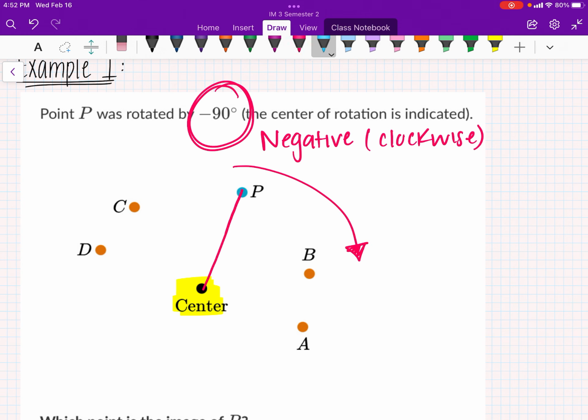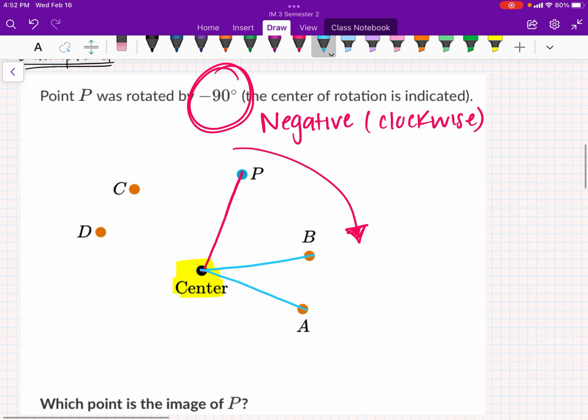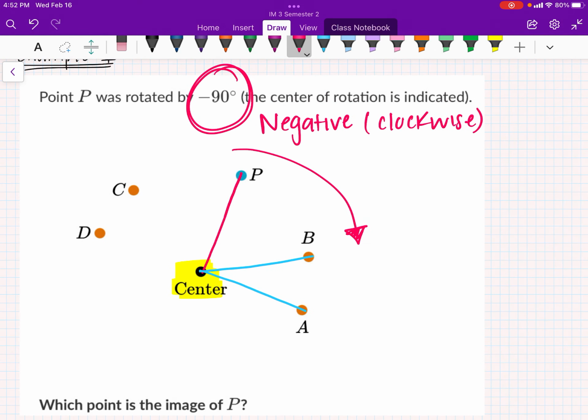Now, if I were to connect both of these points, if I were to connect B and connect A in this case, the question here is which one looks more like a 90-degree angle? B in this case would have this here, and then A in this case would have that angle.